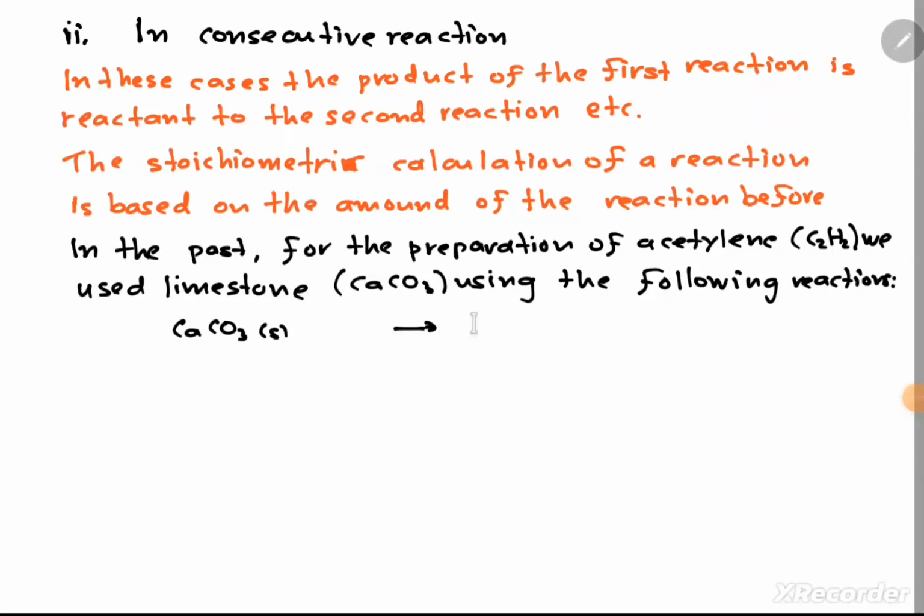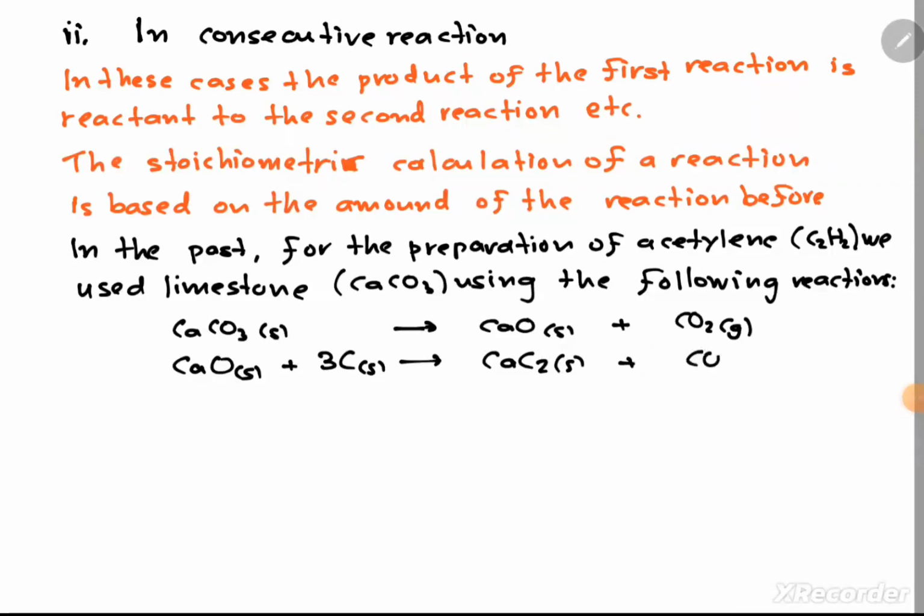Calcium carbonate gives calcium oxide and carbon dioxide. The product of the first, calcium oxide, reacts with carbon and gives charcoal and carbon monoxide.